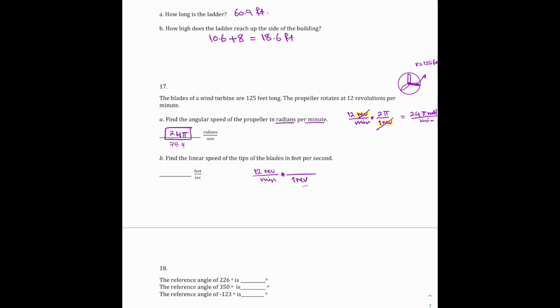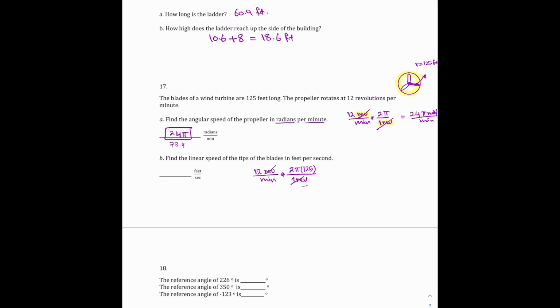One revolution is basically the circumference of the circle the blades are making. We can find the circumference because we have the radius. The circumference of the circle is 2 pi r, which means 2 pi times 125 in this case. One revolution cancels with one revolution.